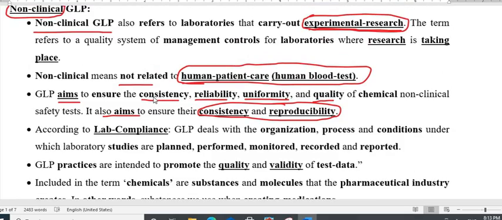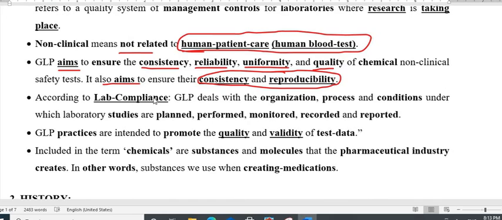Another point regarding non-clinical GLP is that GLP promotes quality and validity of test data. Also, under lab compliance, GLP deals with the organization, with the process, with the conditions under which the research work is planned, performed, monitored, recorded, and reported.